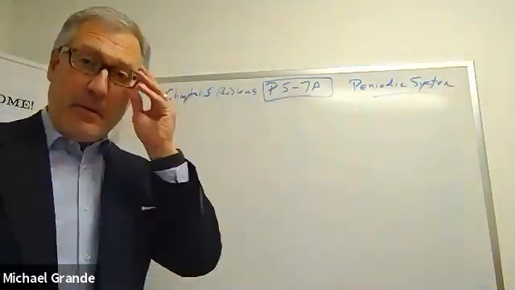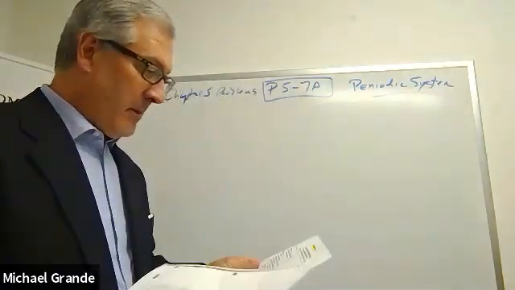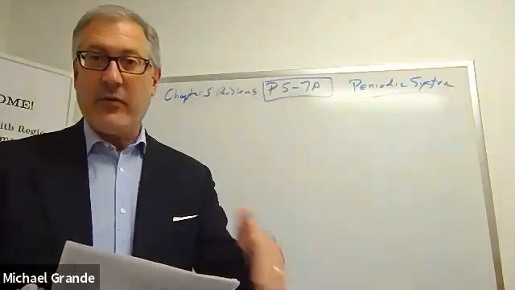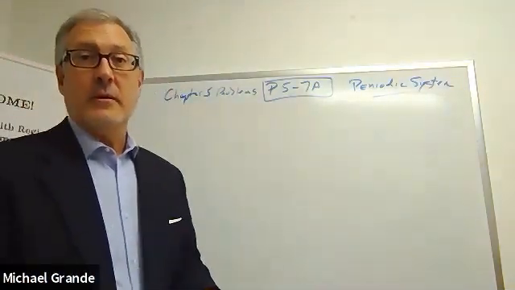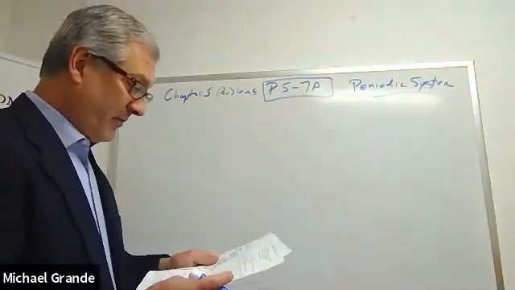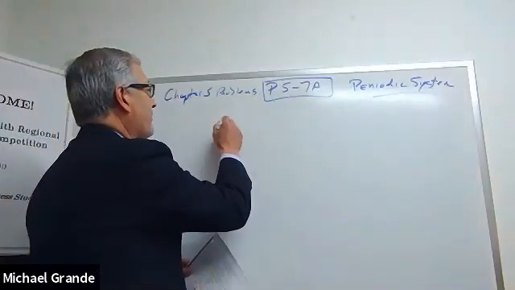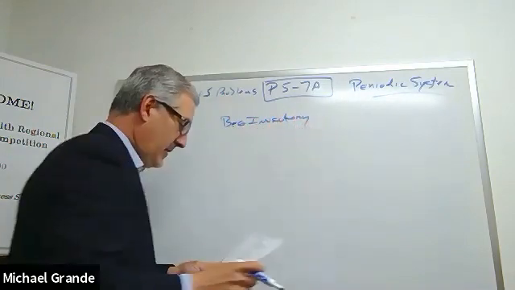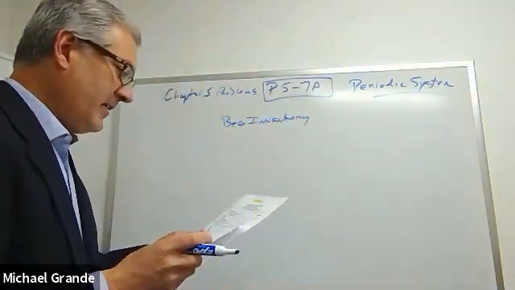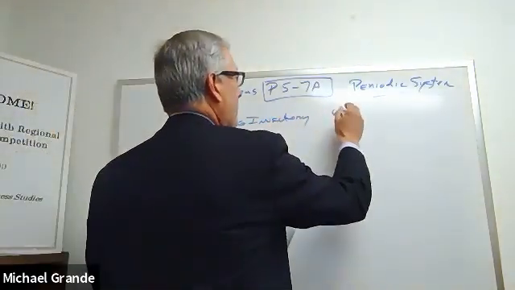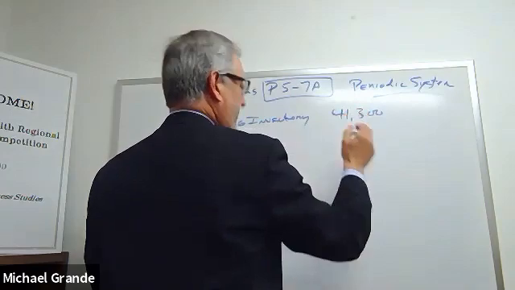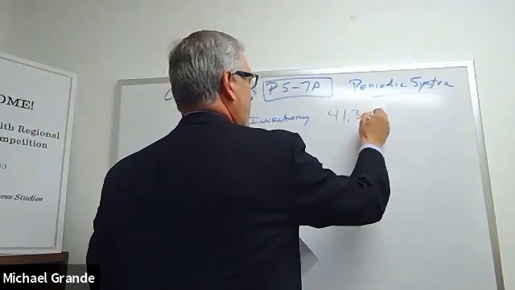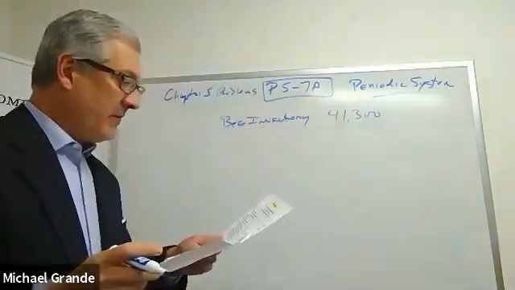Now you remember that formula, beginning inventory plus purchases minus cost of goods sold equals ending inventory. So we have a beginning inventory here. Beginning inventory says that it is exactly $41,300. And now we want to look at purchases.